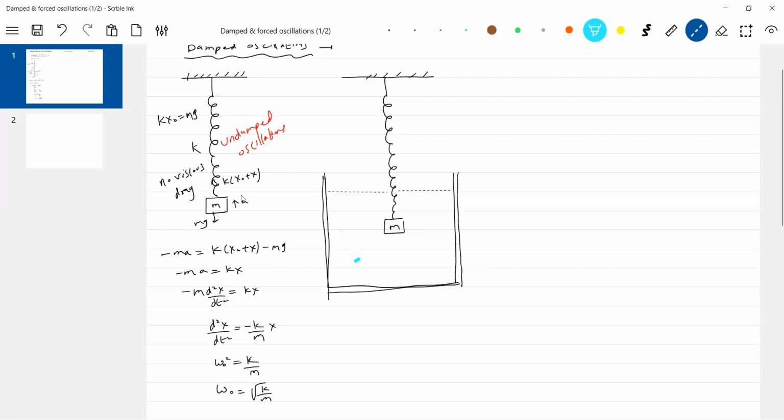Everywhere liquid is there. Okay, here liquid is present. We know an example of liquid, water. What is the best example? It will have viscous drag. Now what will happen? We'll see it.